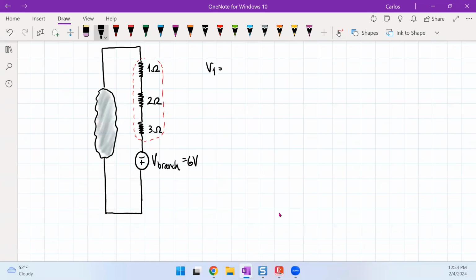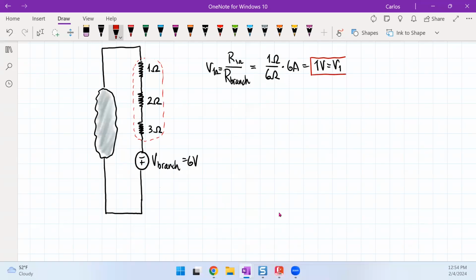V1 is then going to be R of the branch or R of the series divided into R1, and I should be careful. This is R1 ohm, so then this will be 6 ohm into 1 ohm times 6 amps, and so this will give me 1 volt for V1.